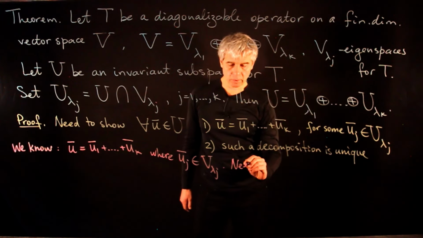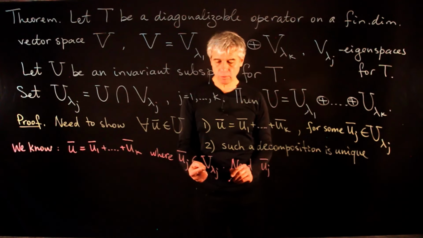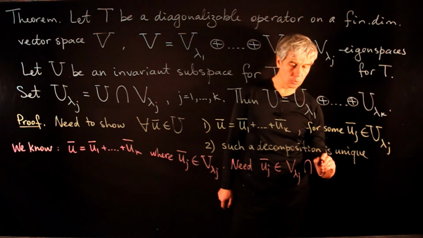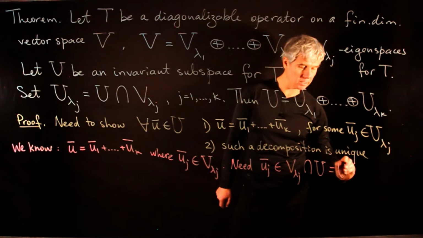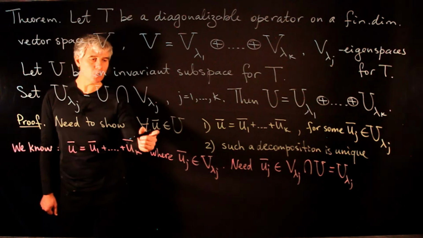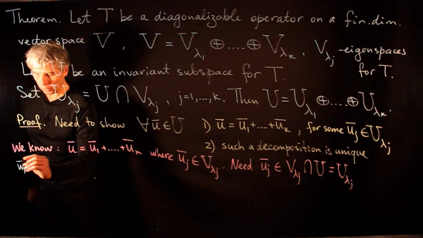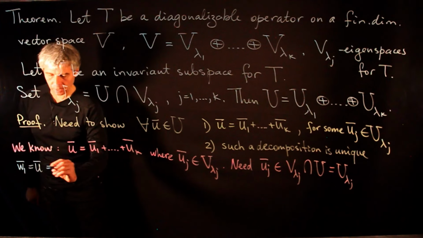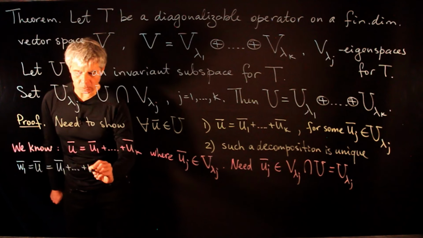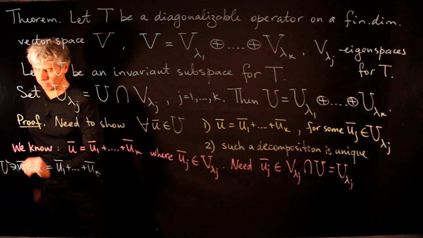We need to show that these vectors uj belong not just to V lambda j, but to V lambda j intersected with U, which is the subspace U lambda j. What we have is that our vector u belongs to this invariant subspace U. Let us change notation and call this vector also w1. And so w1 is the sum u1 plus ... plus uk, and this vector belongs to the subspace U.